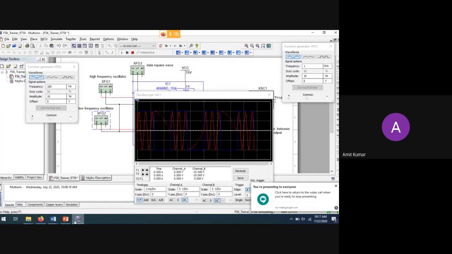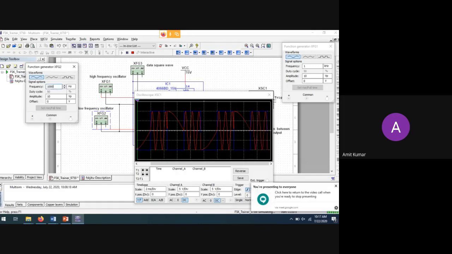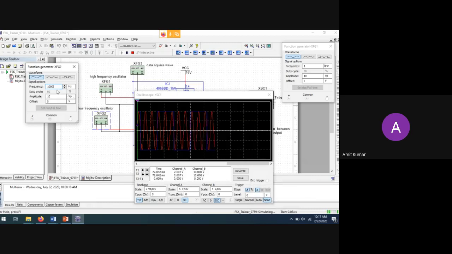You can see some part of your waveform here. So you can increase the frequency because it is due to that square wave. In that particular waveform, your frequency is not fitting here. So that's why you are getting this kind of problem. So you can just go for 500.